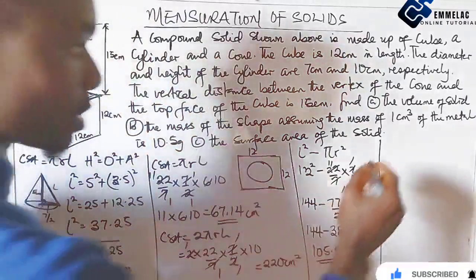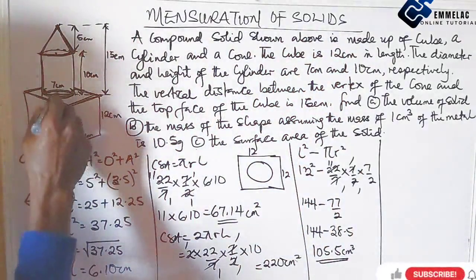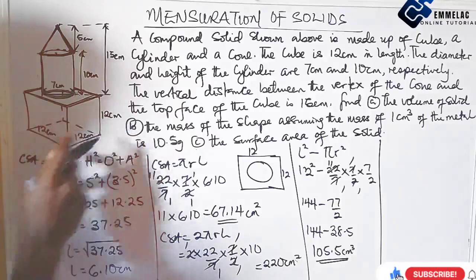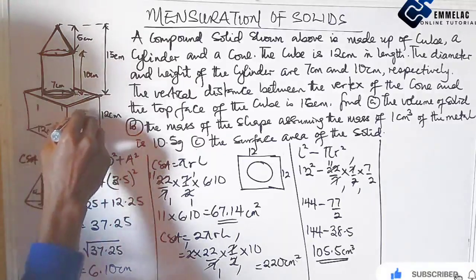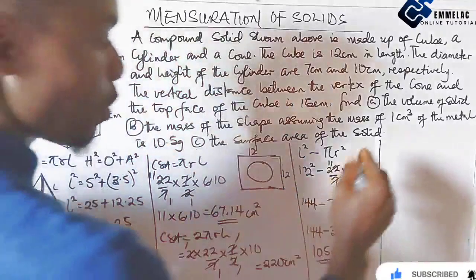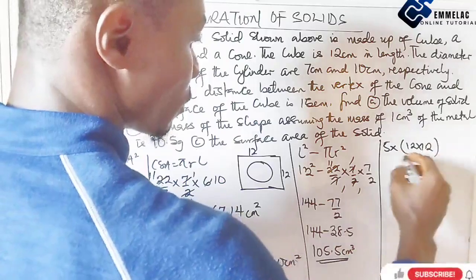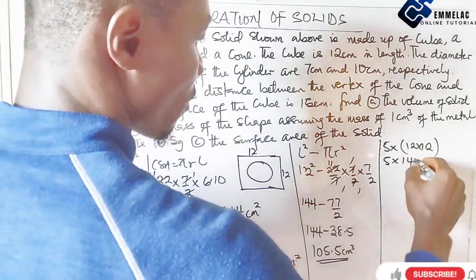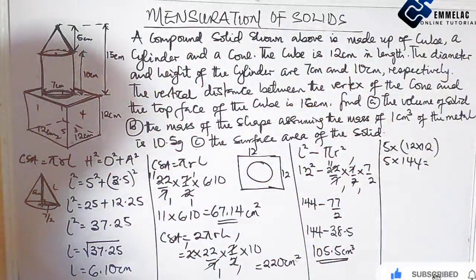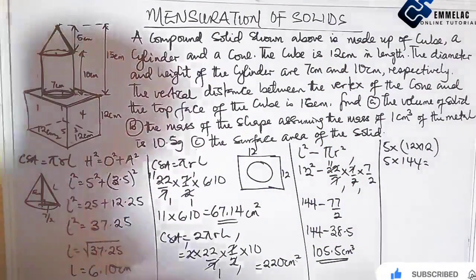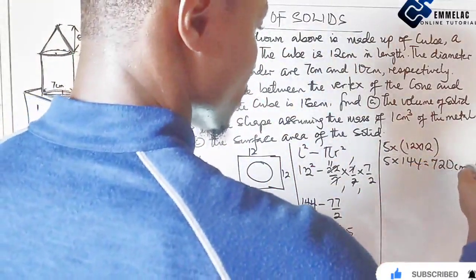Now the remaining parts will be 1, 2, 3, 4, then 5. So here you have 5 times 12 times 12. So this will be 5 times 144, which should be 720 centimeter square.